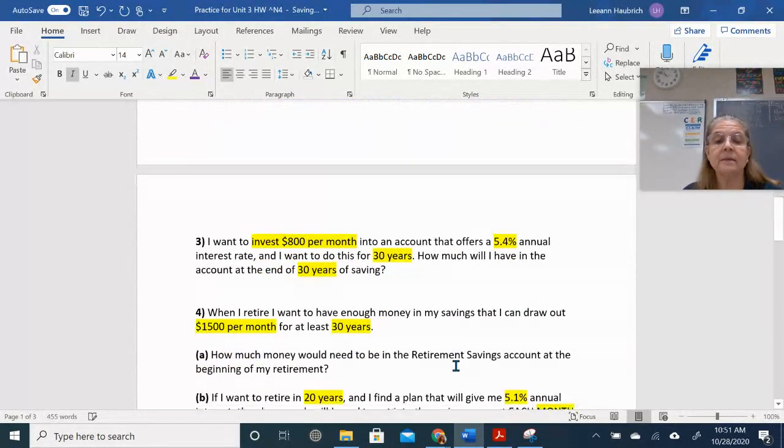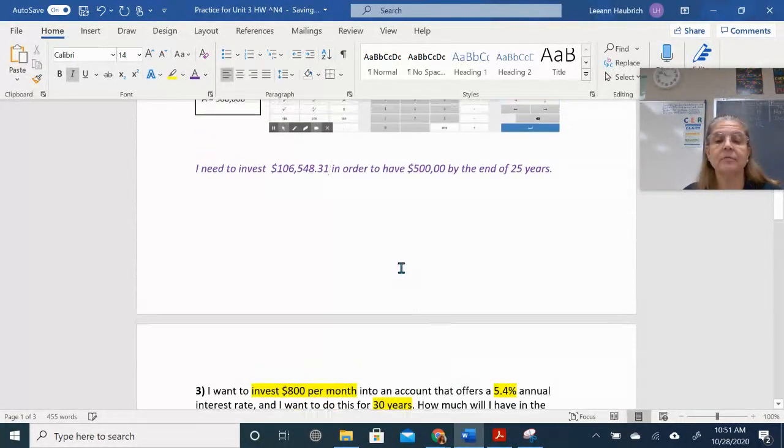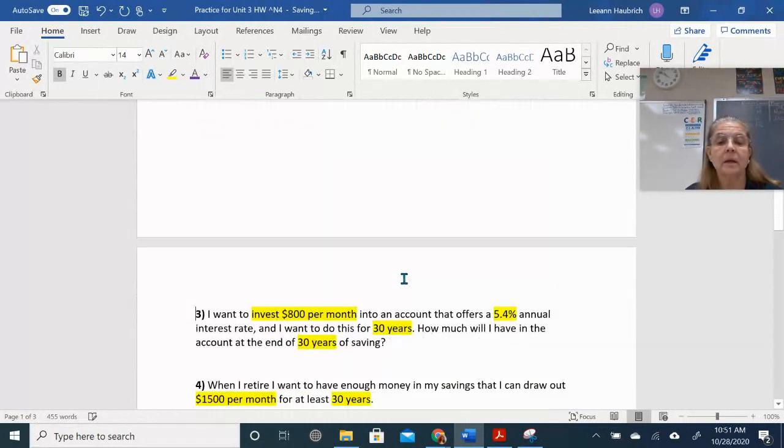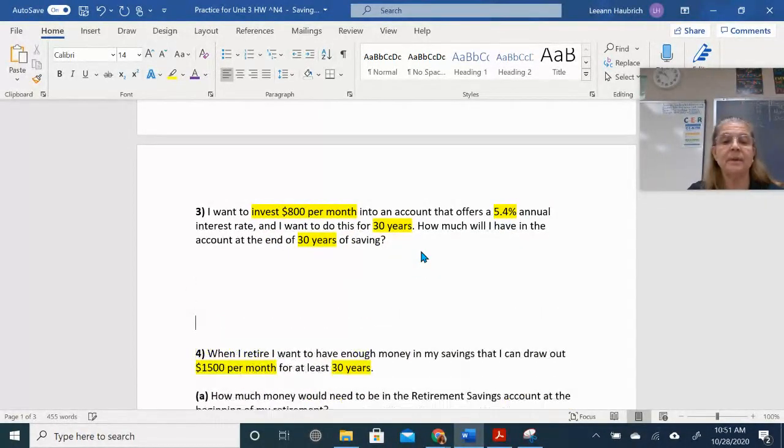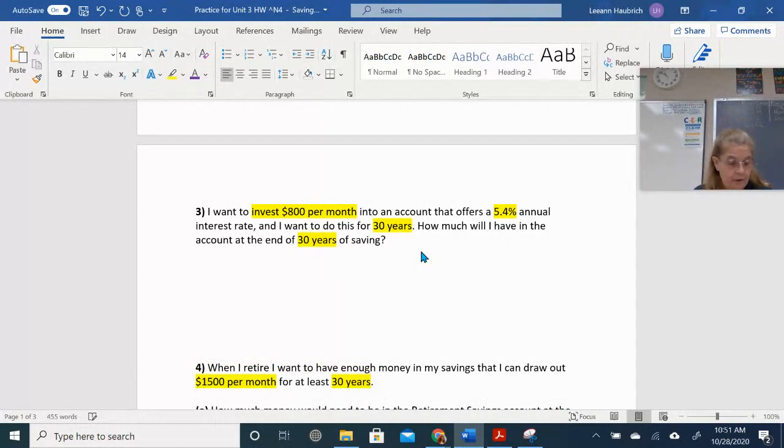Okay, going down to number 3. Let's see what number 3 says. Just going to back that out a little. Okay, so number 3. I need to put a little bit of space in here. And on number 3, I need to identify some variables.